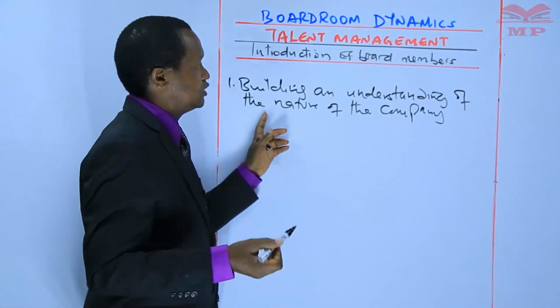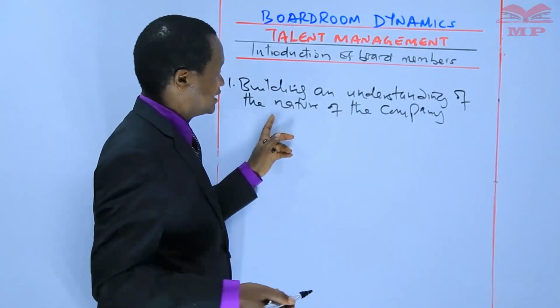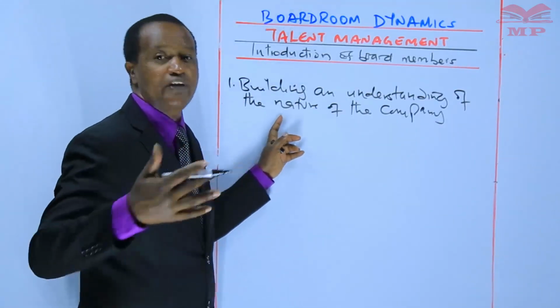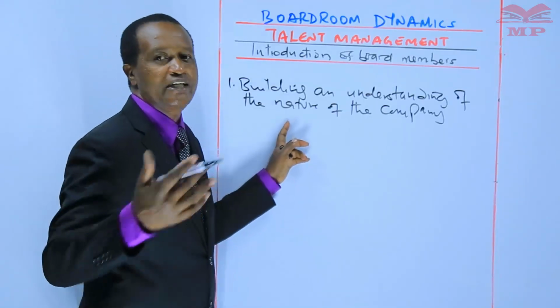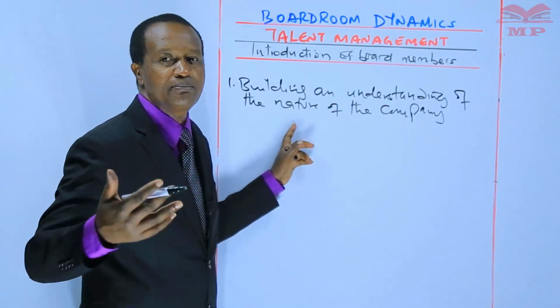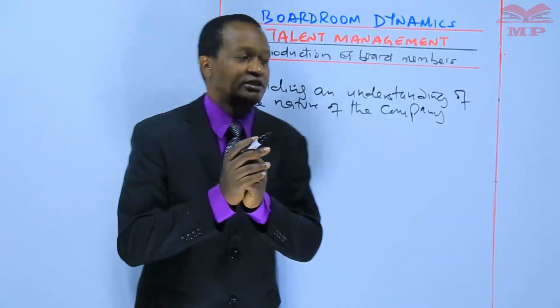The new member who is being introduced should be made to understand the nature of the company. Building an understanding of the nature of the company, its business, and the markets in which it operates.